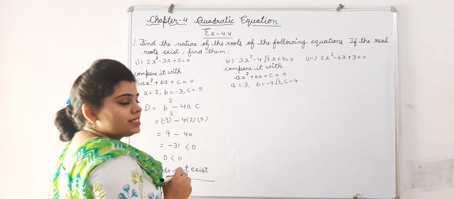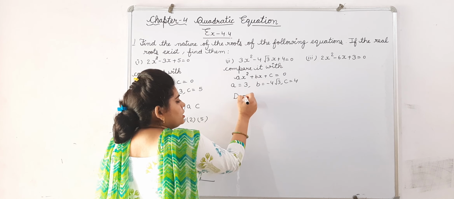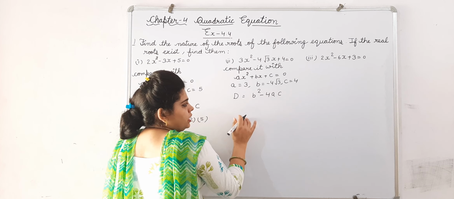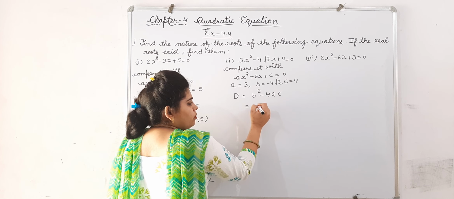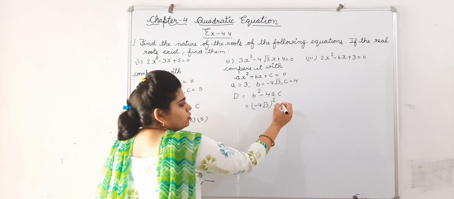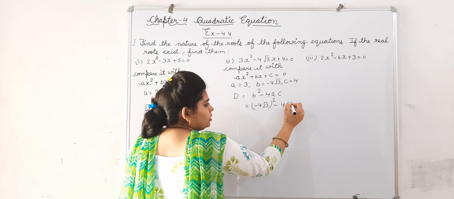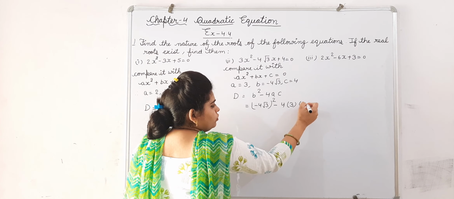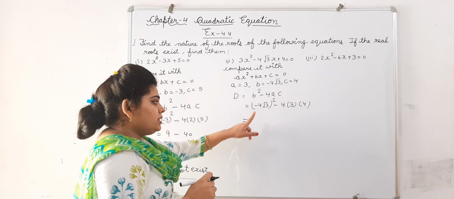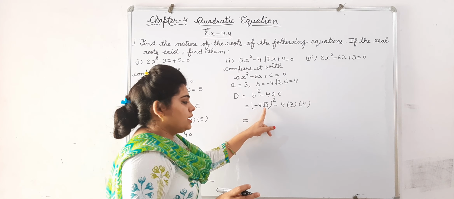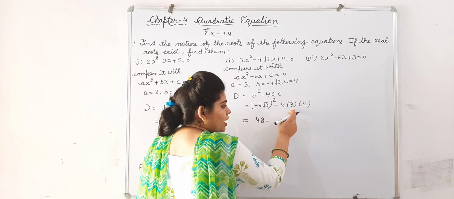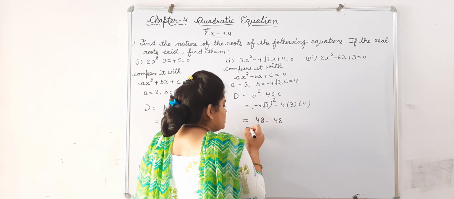We will find the discriminant D is equal to b square minus 4ac. Now putting the values, minus 4 root 3 whole square minus 4 into 3 into 4. On solving this, 4 square is 16, 16 into 3 is 48, minus 4 3s are 12, 12 4s are 48, is equal to 0.